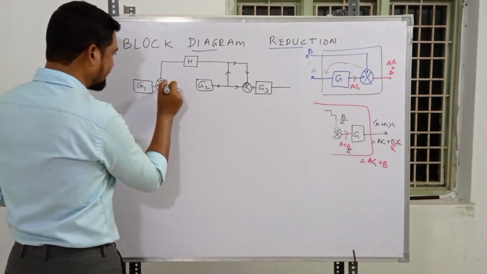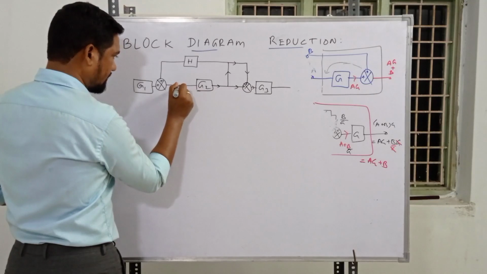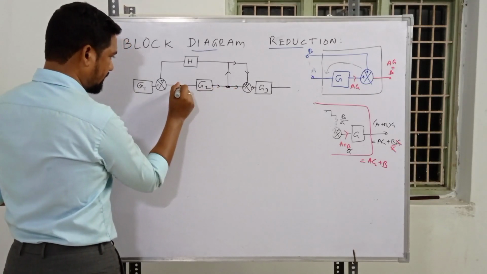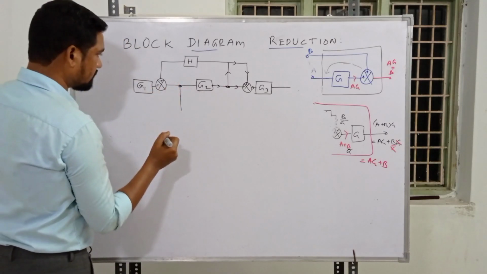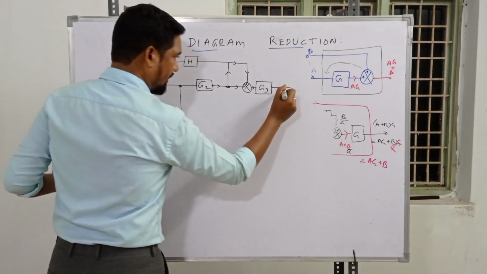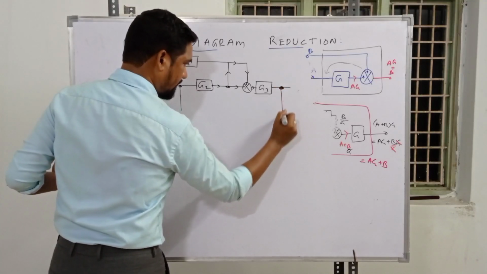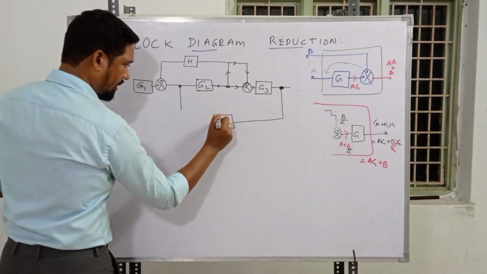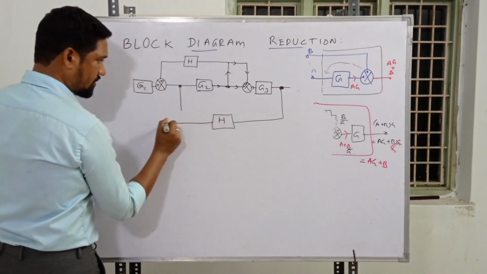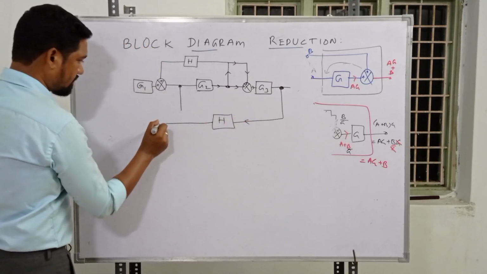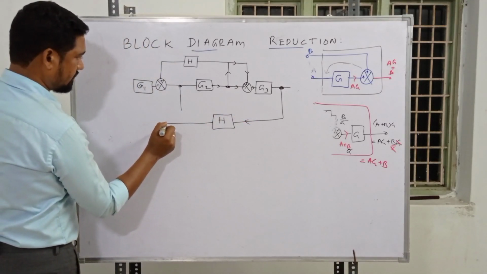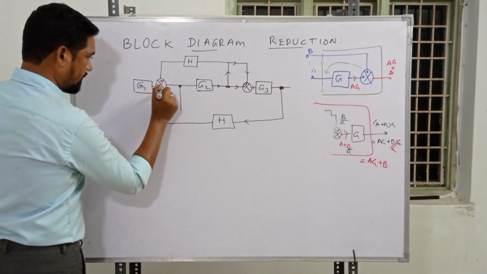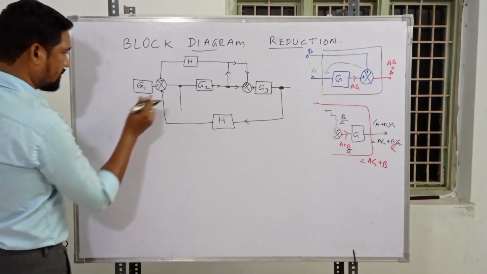It's a positive and a positive added over here. There exists a takeoff point over here, and a block over here. Give a name, it's H again. It comes in this direction and gets added over here, but with a negative.